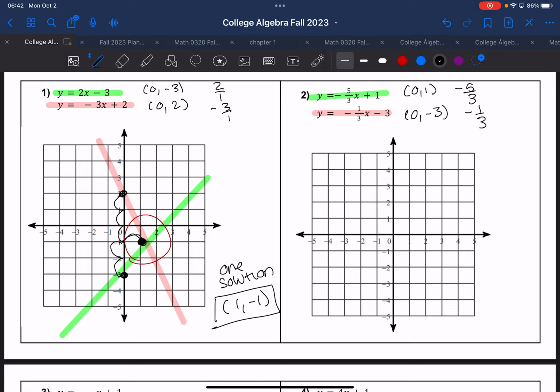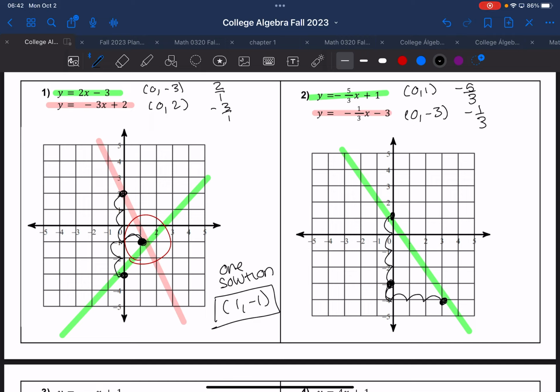Okay, so I got both my information. Now I'm going to go plot. So I have 0, 1. And that -5/3 is telling me to do what? Down 5, right 3. Yep. 1, 2, 3, 4, 5. 1, 2, 3. So that's my first equation. And then I plot my other y-intercept, which was at -3. And what is that -1/3 slope telling me to do?